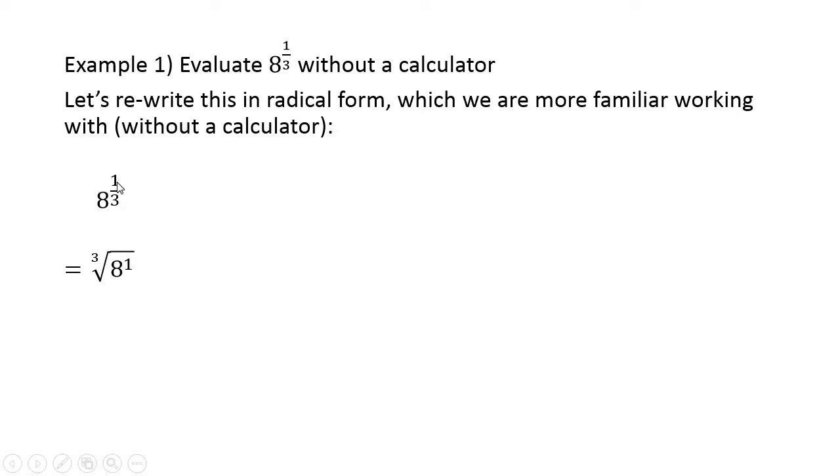The top of the exponential fraction here stays with the radicand here. And of course 8 to the 1 is just an 8, and the cube root of 8 is of course just a 2. So please do become very familiar switching from exponential form here to a radical form.